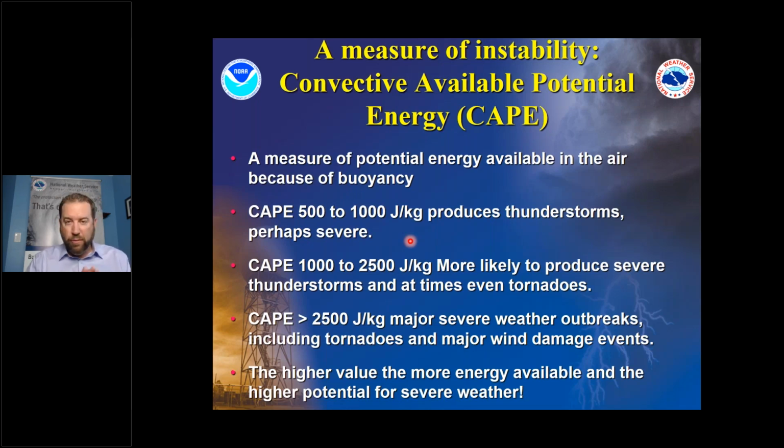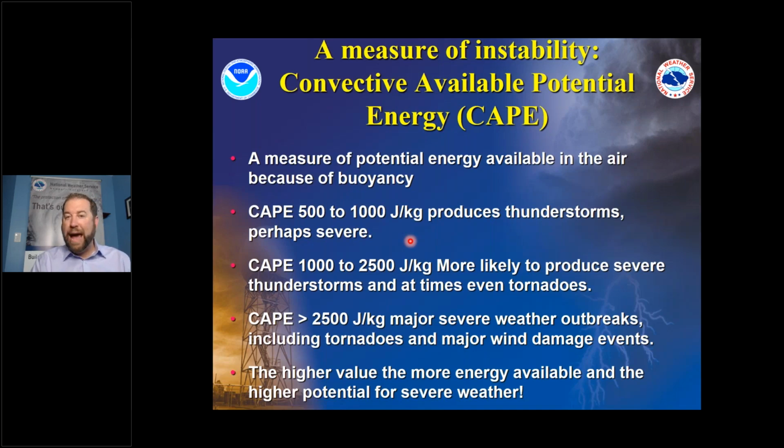Once you get up to 1,000 to 2,500 joules per kilogram, and this is a rough rule, it's more likely for severe weather. That's kind of the sweet spot. And then above 2,500, rare to have this along with all the other ingredients, thankfully, a major severe weather outbreak can happen, especially if you have the other ingredients.